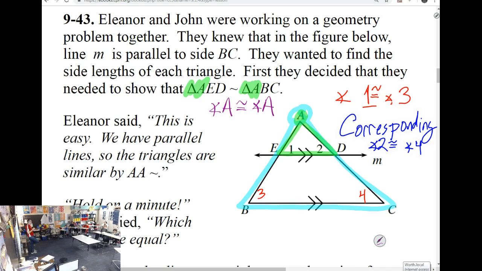But guys, in math, if you want to use knowledge, you have to state it. So when you get up into high school math, you can't just use the fact that angle A is equal to angle A unless you write it down. And then you have to have a justification.